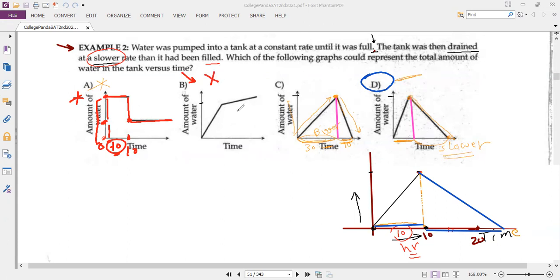Why is this wrong? Because at zero time it is already full, yes, full up to zero. At this time here it becomes full, and it is still increasing the amount. So maybe not a leak, but the capacity increases in the tank. The tank is fixed at a specific level.